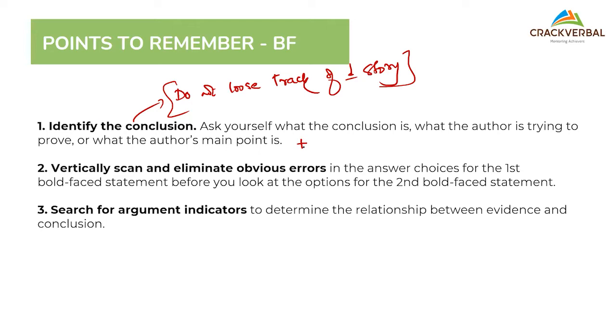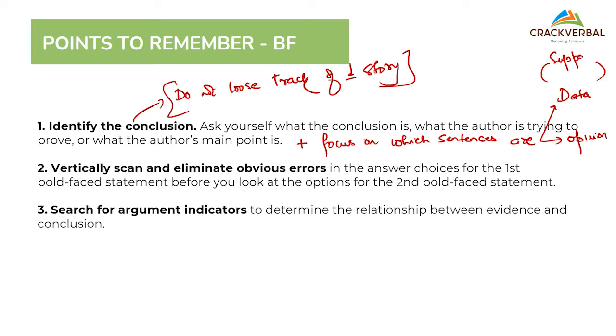Now, as you identify the conclusion, also focus on which sentences are details, are data, and which are opinion based. And if details, are they support data or are they negate data, the opposite data? Similarly, which other sentences are opinion?